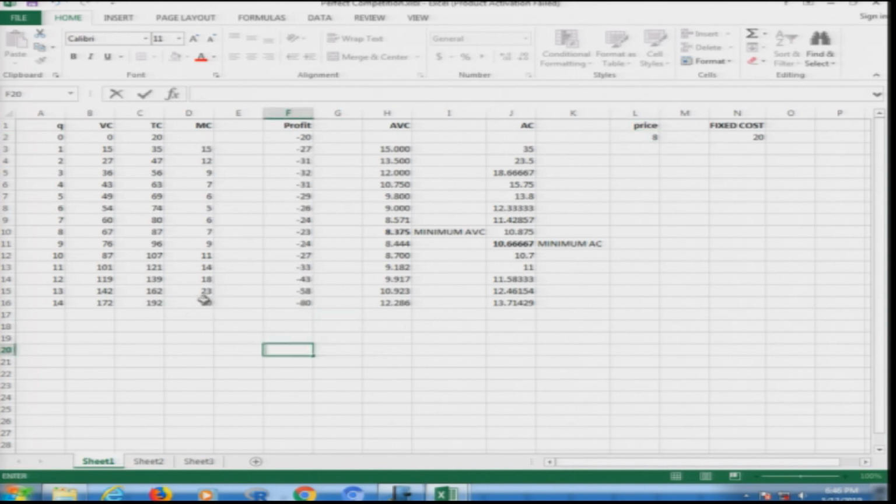If I were to do that, notice the following. The marginal cost column stays the same. For the 8th unit, the marginal cost is 7, my price is 8 rupees per unit. So, the firm should produce the 8th unit, but the moment I move to the 9th unit, the marginal cost becomes 9 rupees per unit, which is greater than the price. So, as per the rule price equals marginal cost, the firm should stop at Q equal to 8.